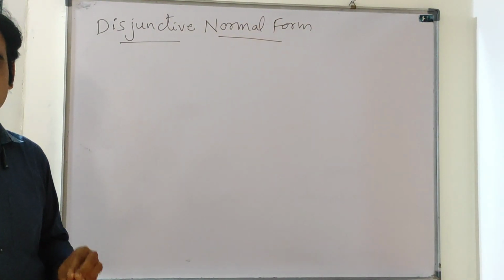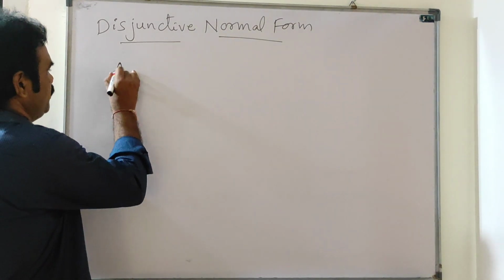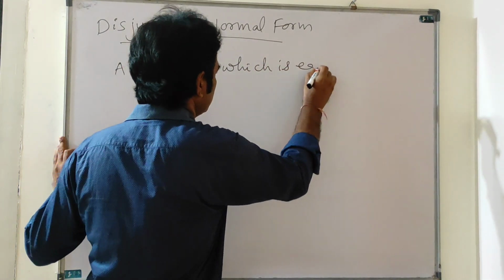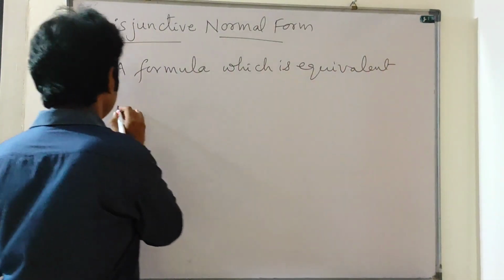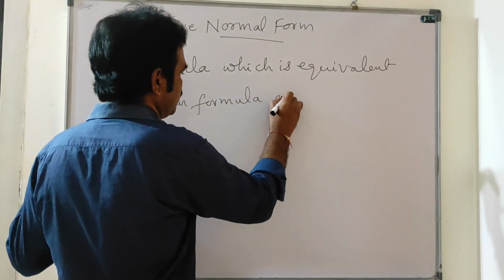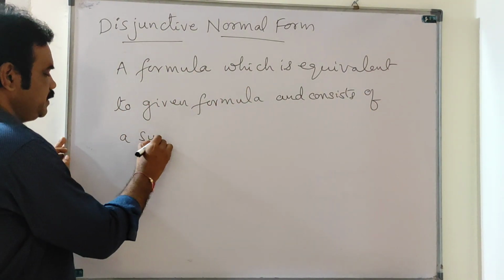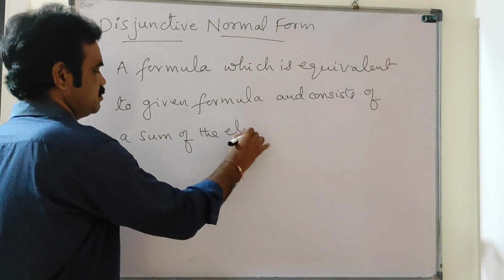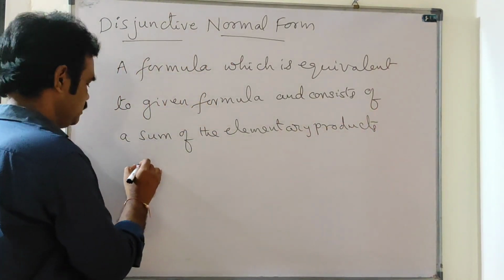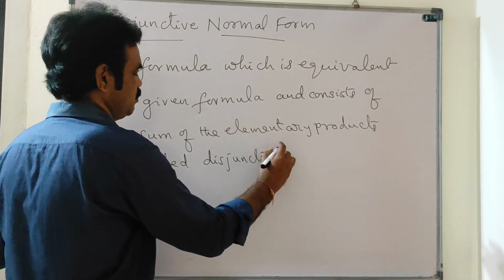A formula which is equivalent to the given formula and consists of a sum of elementary products is called a disjunctive normal form.